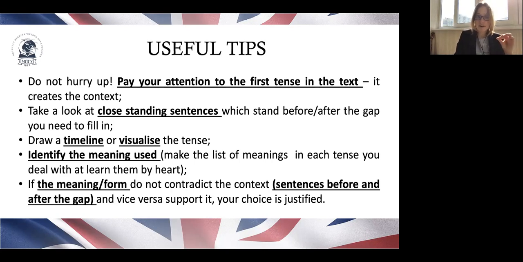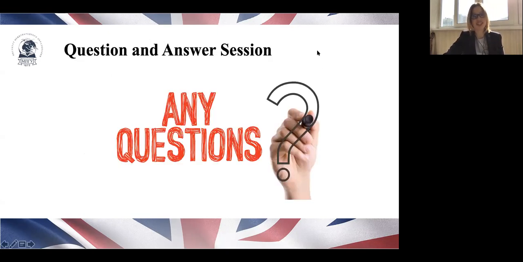If we identify the meaning which is used in the sentence, probably it will be easier for us to explain the choice and to be sure in our answer. So if the meaning and the form, the way we write the tense itself, do not contradict the ideas presented there, the sense, it means that your choice is justified, so you are doing the right thing.